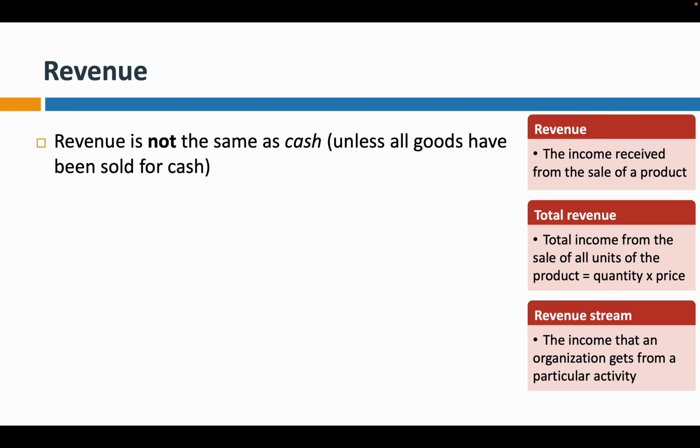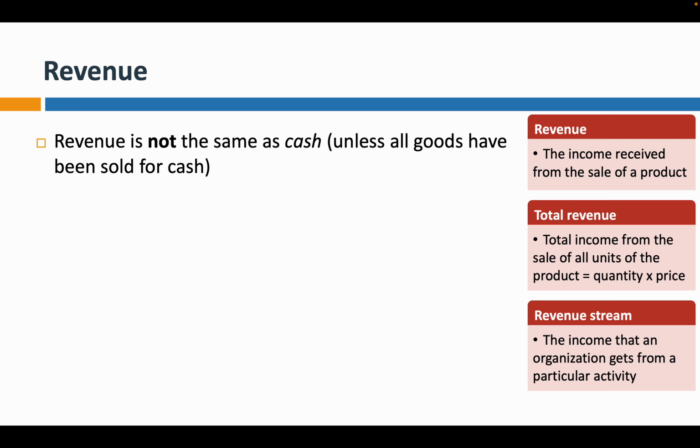And it's important that you don't confuse the word revenue with the word cash. It's not the same. I can be selling my products for cash, but I can also offer my customers credit, or let them pay in monthly installments.